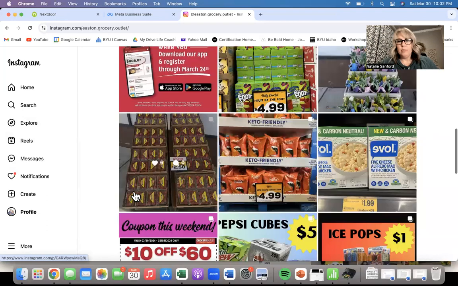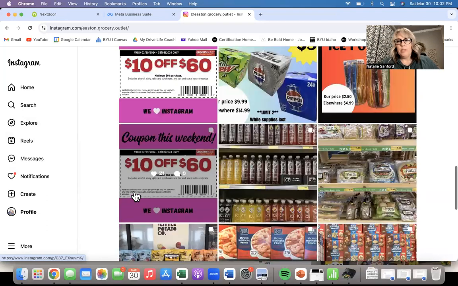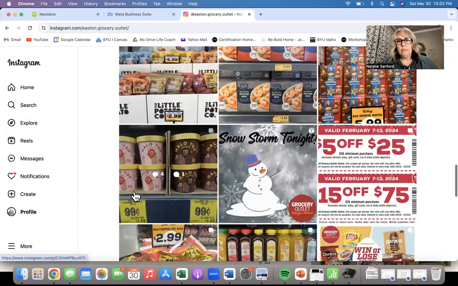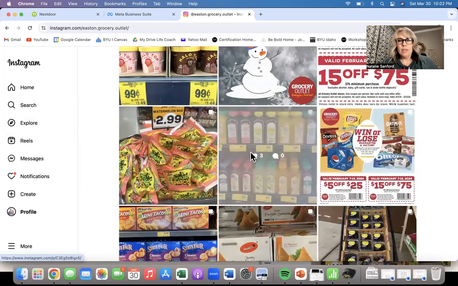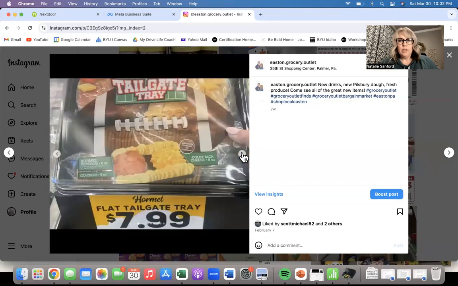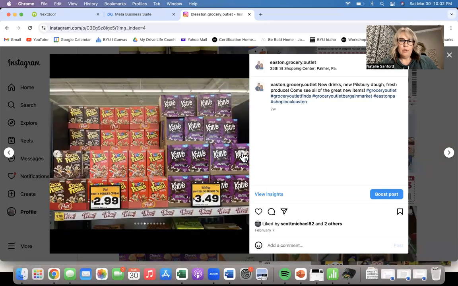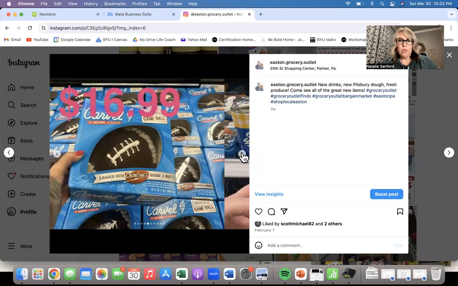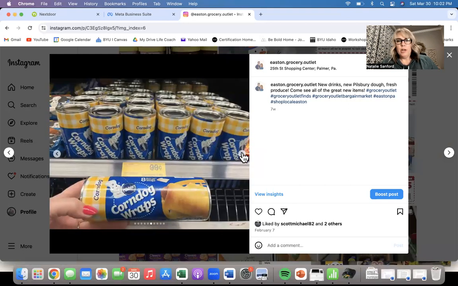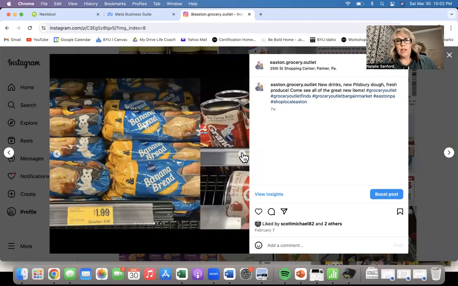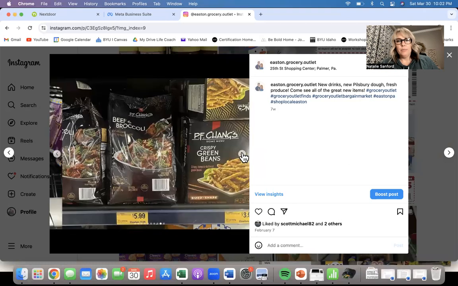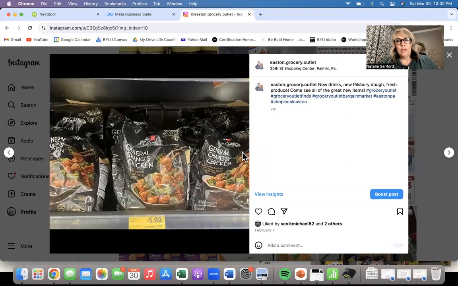Each of them has several pictures, and the posts are just some deals we have in the store: things that are on sale or new exciting items. We are a discount grocer, so we bring in products that you don't see every day, and they're always the lowest prices. This is what a typical Instagram post would look like.